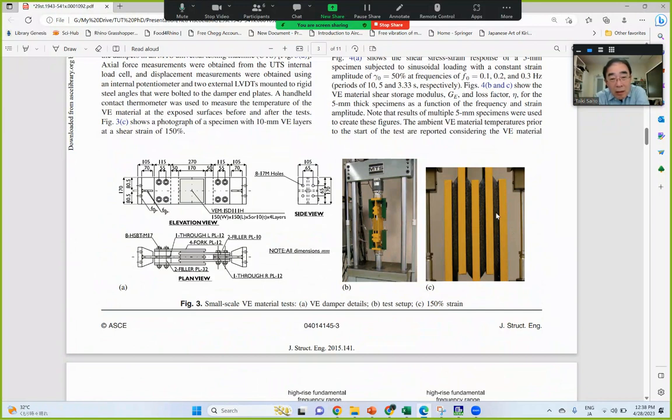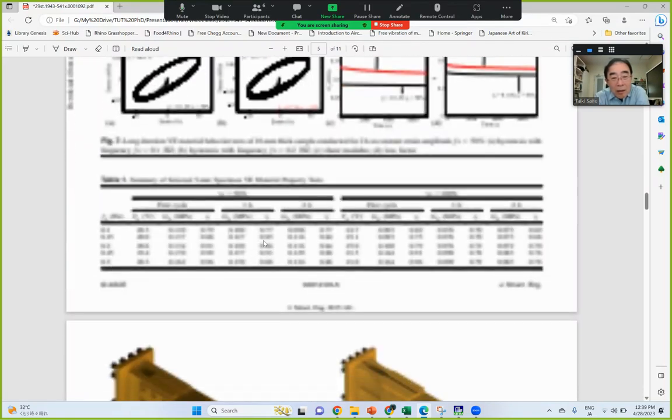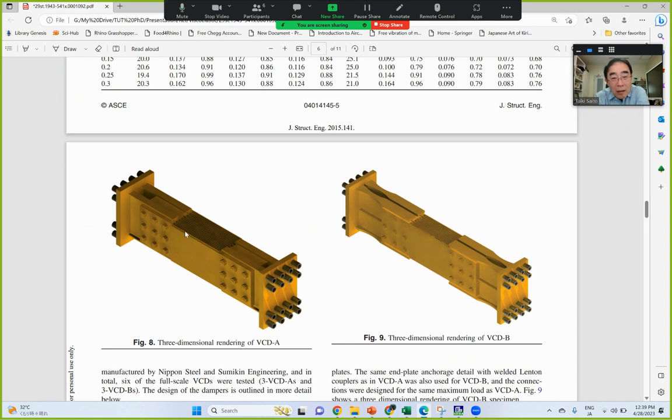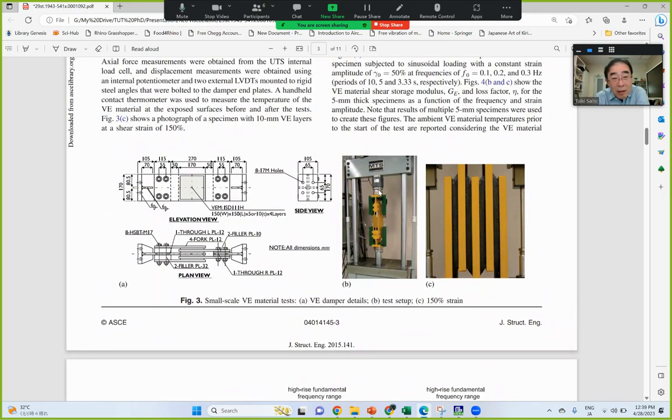If you can see the diagram here, this is how it deforms. But in the structure, one will go up and one will go down. It depends on the direction of the force, I believe. So one is up and one is down, so it deforms like this.